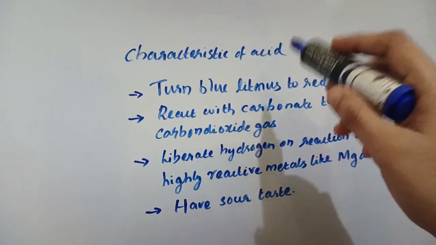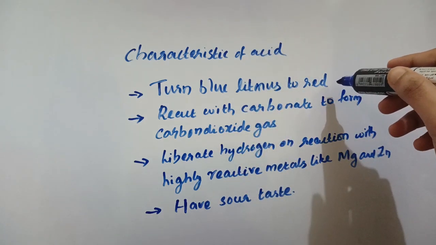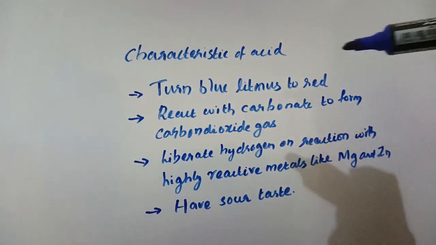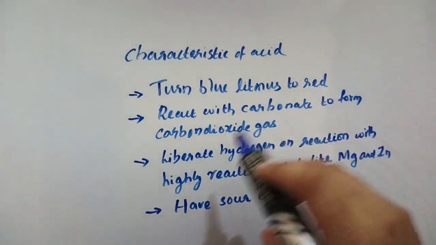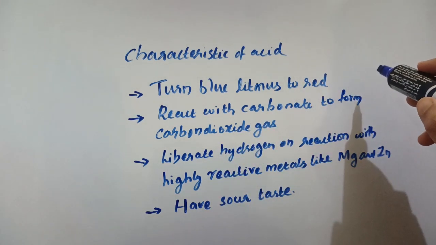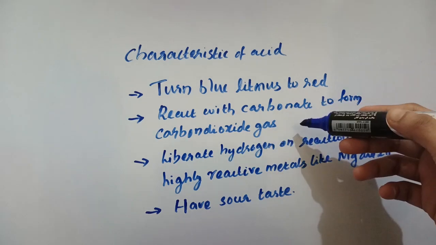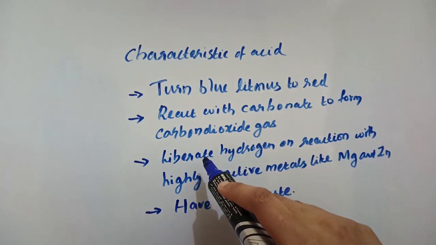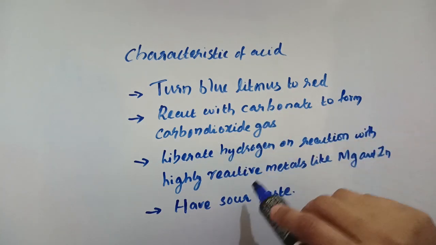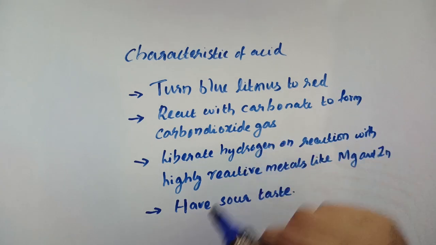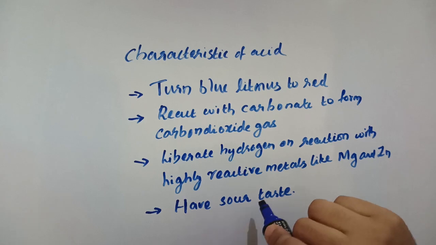First, acid turns blue litmus paper to red. Then acid reacts with carbonate to form carbon dioxide. Then it liberates hydrogen on reaction with highly reactive metals like magnesium and zinc. Then acid has a sour taste.